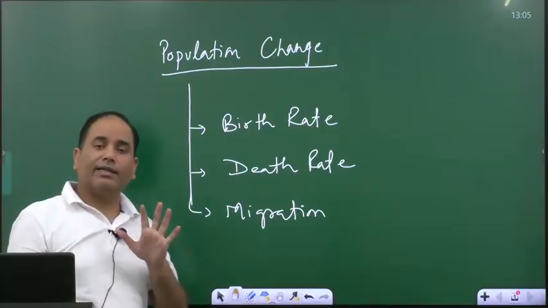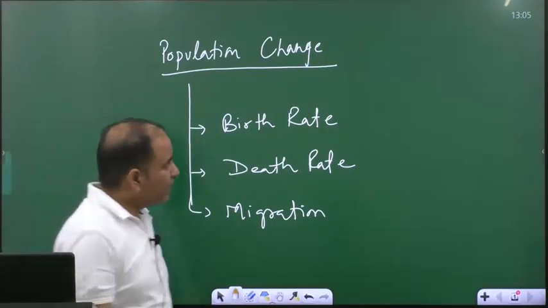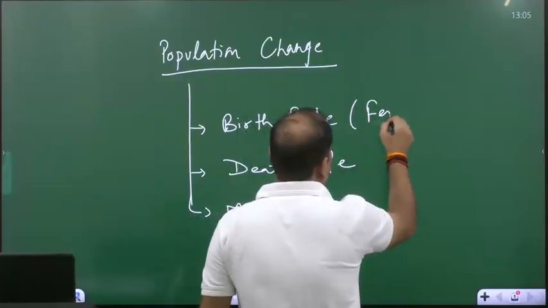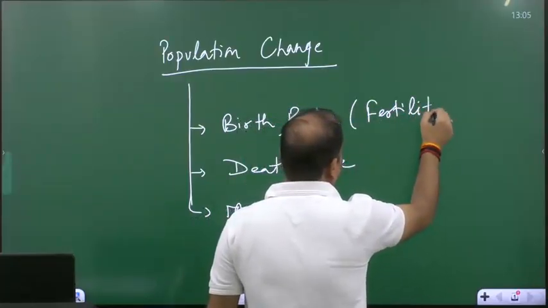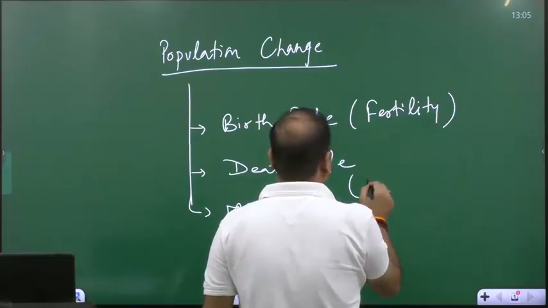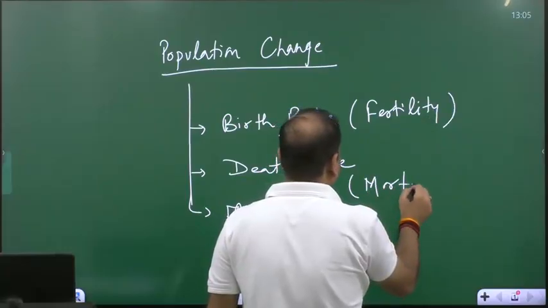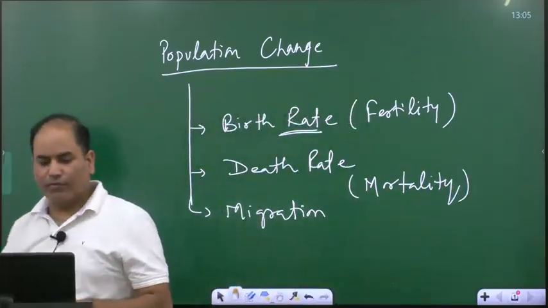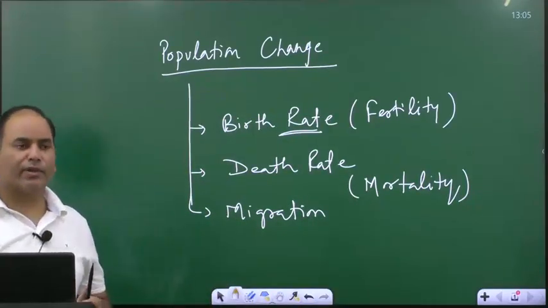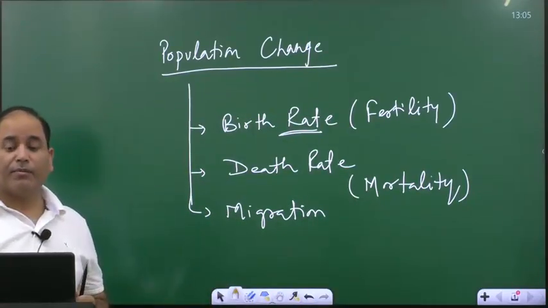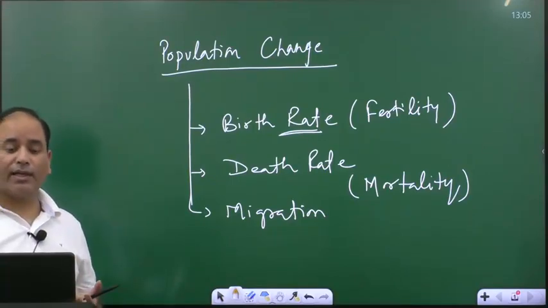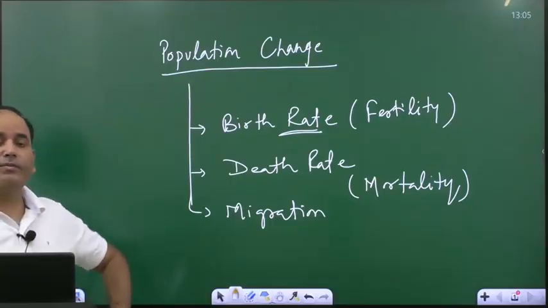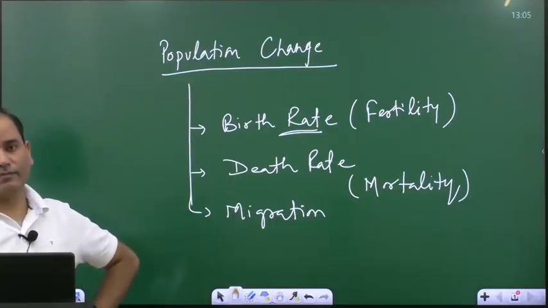Birth rate, in simple words, is referred to as fertility, and the death aspect is referred to as mortality. Birth rate and death rate, mortality and fertility are fine, but we fail to realize that one very important factor that plays a very important role in population is migration.